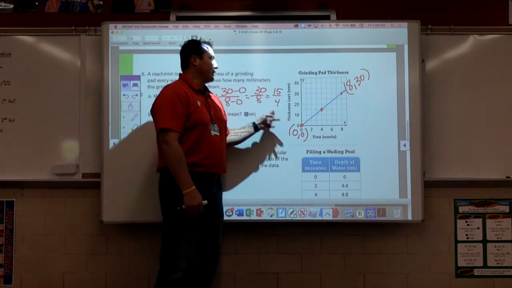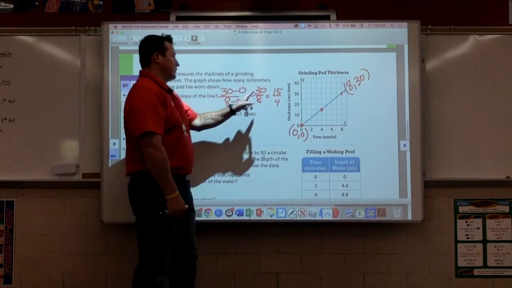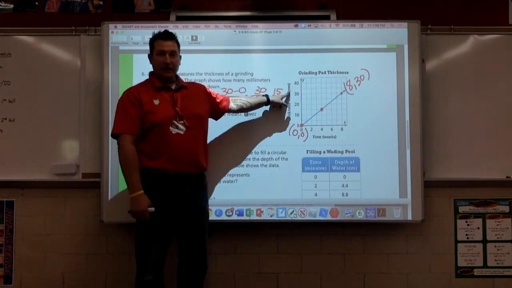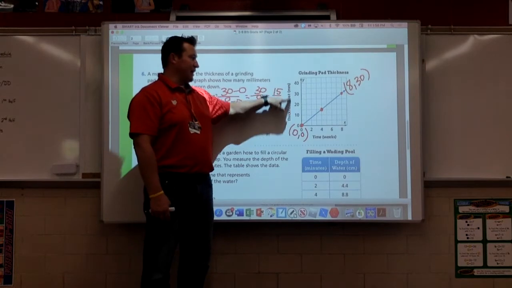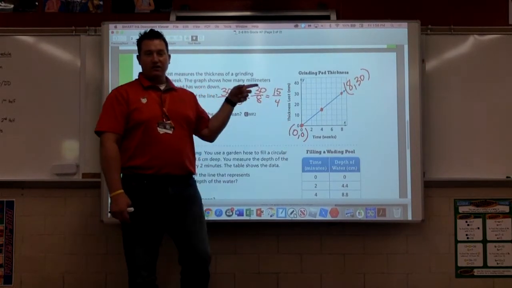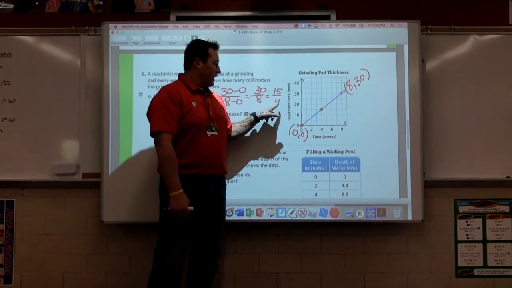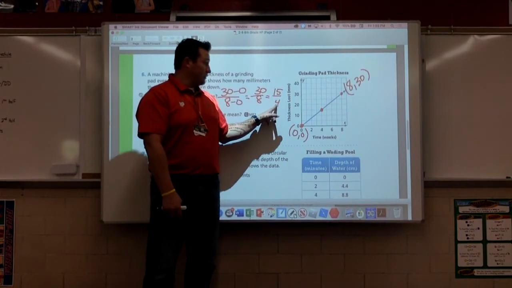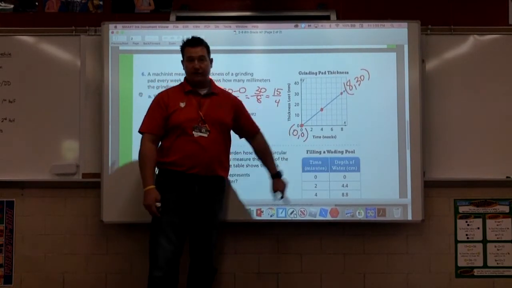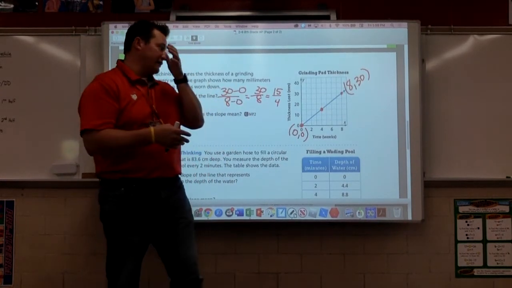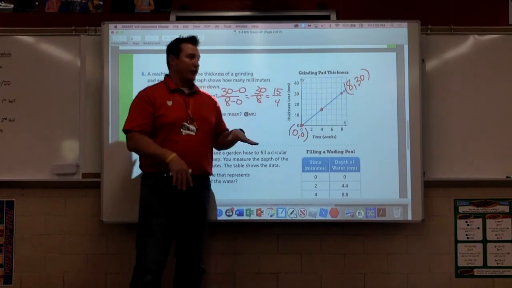What does that mean? Again, guys, right? That means we lose 15 millimeters. 15 is my Y number. So we lose 15 millimeters of thickness for every this many X values, right? Well, this is 4 weeks. Gotcha. That's what it means. So if you're struggling, guys, this is like the whole interpret part.